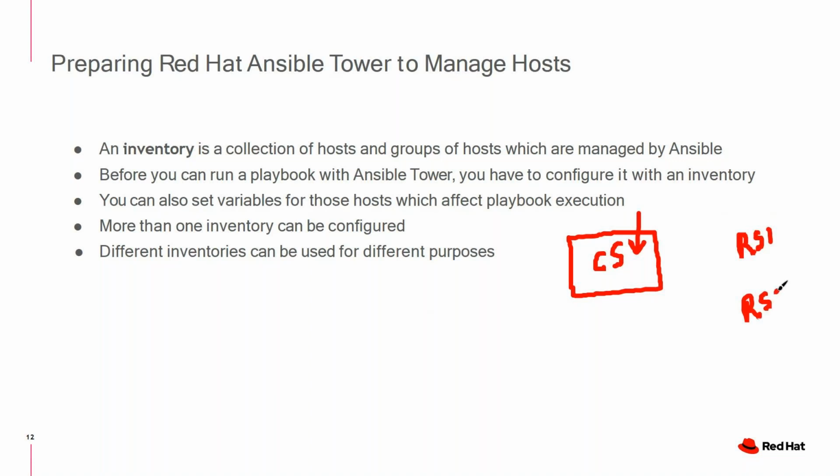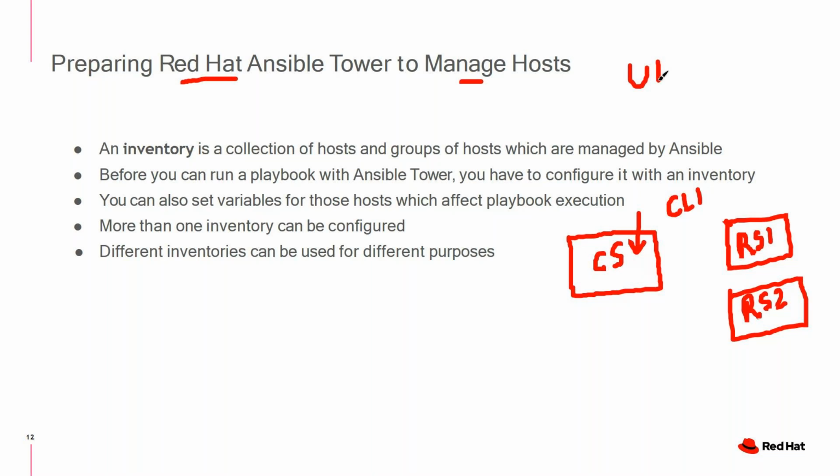In our case, we completed all hands-on and practicals related to the configuration management tool Ansible with the help of the CLI, command line interface. But in case of Red Hat Ansible Tower, to manage hosts, you can work with a UI, user interface, or web-based. As you can see showing here, preparing Red Hat Ansible Tower to manage hosts.